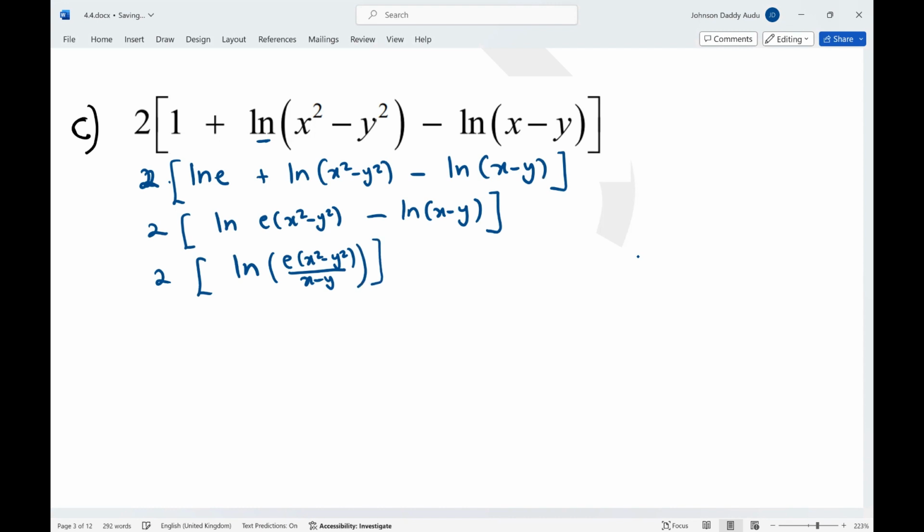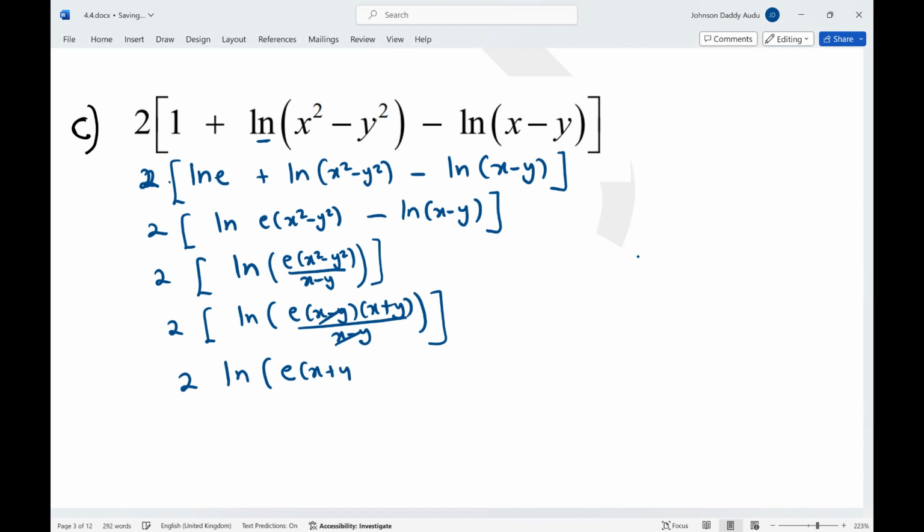So this is it, which we can still write as 2 into ln. We can write difference of 2 squares so that we can easily cancel out. So x minus y will go with x minus y. So you have 2 ln of e x plus y, right?